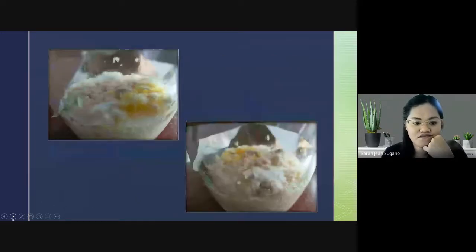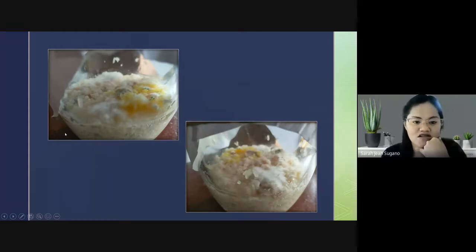Okay. So this is an example of the picture of the result of the previous class that they did at home. Here is what they saw in their observation. It's just the spoilage.